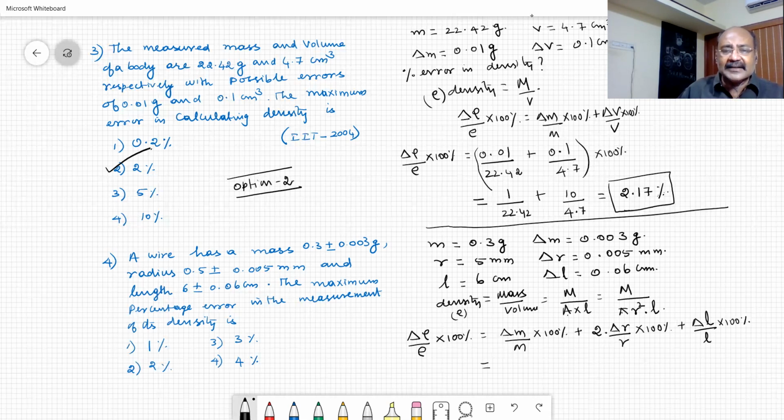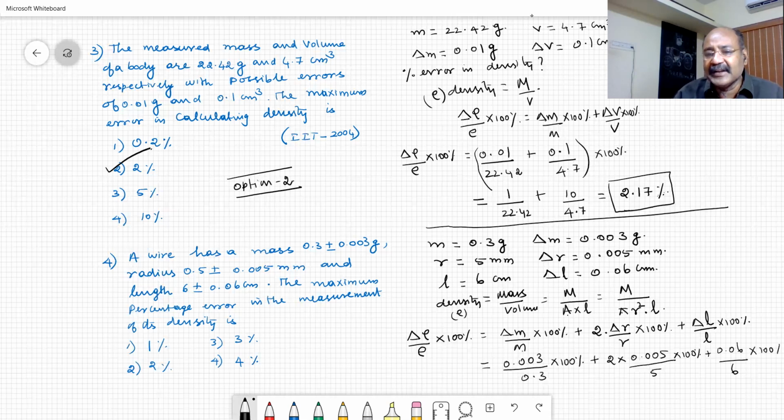So what will be your answer? You substitute: delta M is 0.003 divided by M, which is 0.3, multiplied by 100%, plus 2 into delta R, 0.005 divided by 5, into 100%, plus delta L, which is 0.06 divided by 6, into 100%.